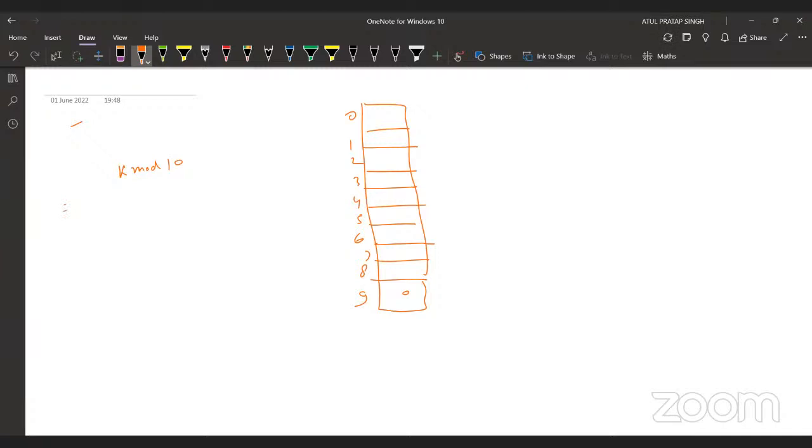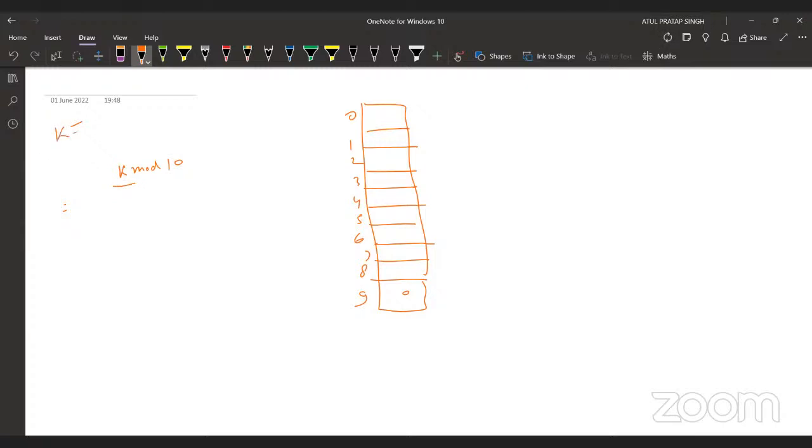So what is the complexity of searching in hashing? For example, if you want to insert an element, here k is the data.